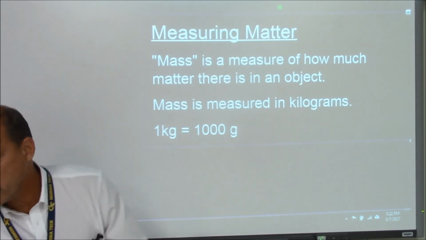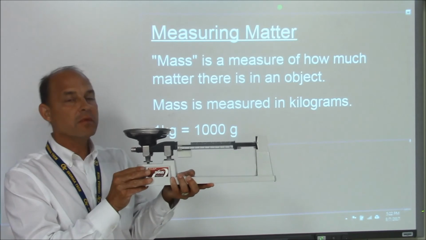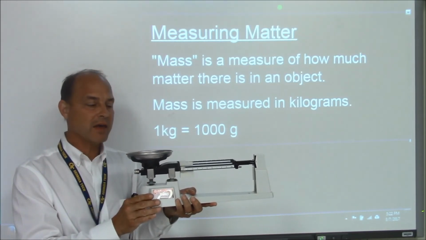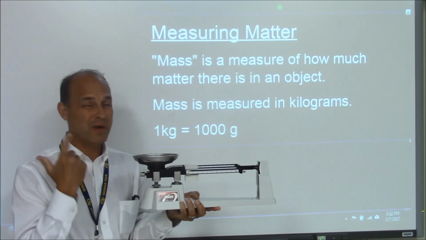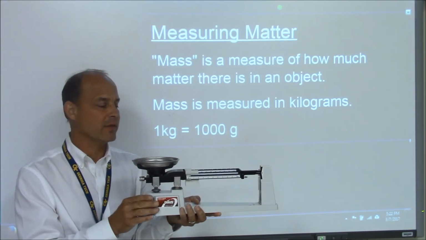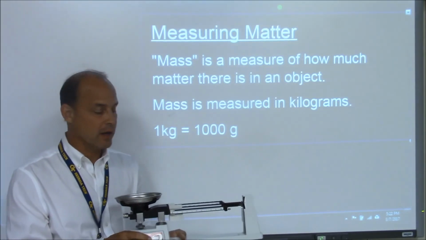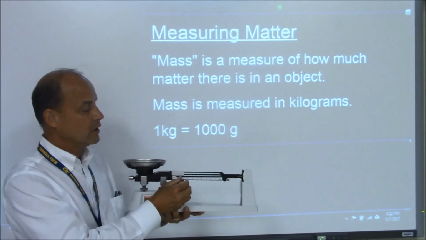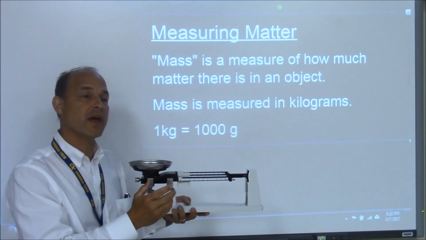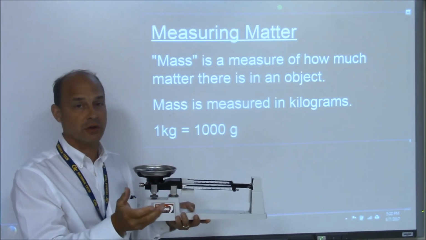So you might be familiar with a scale that we will use to mass objects with, or to weigh, you might think of it. But weight is a little bit different than what mass is. We'll be talking about that later. But mass, the standard unit for mass is a kilogram. Right? And this scale is actually calibrated in grams, but you know that 1,000 grams is 1 kilogram. So if you needed to convert to kilograms, you could, right?